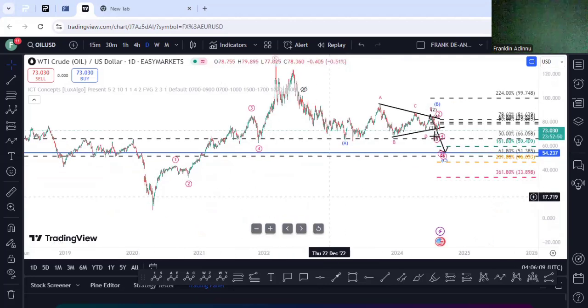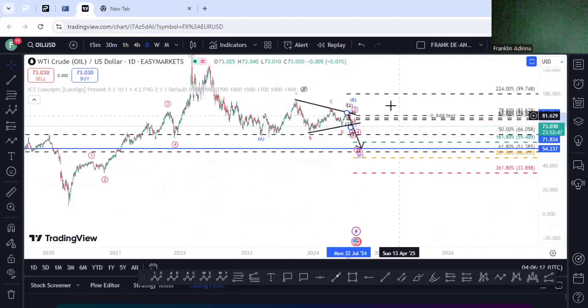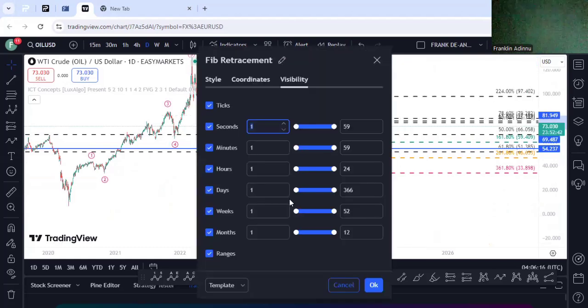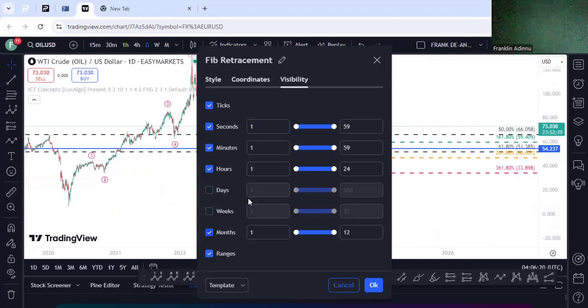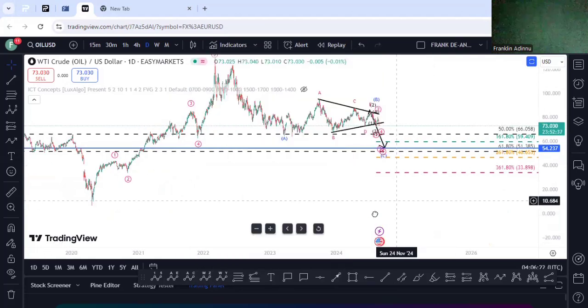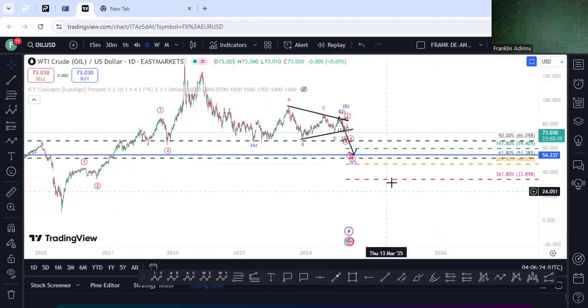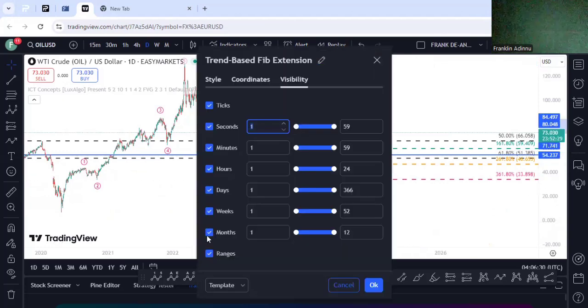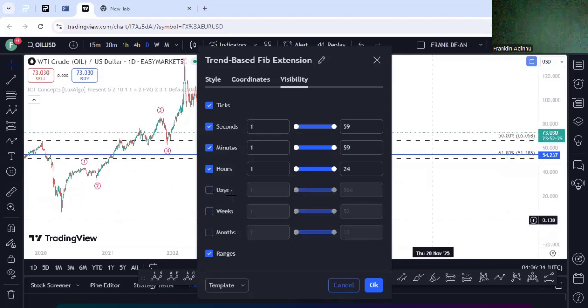This is the 50%. Let me delete this one. Let me make it not show on the daily time frame so that I can see what I want to see.